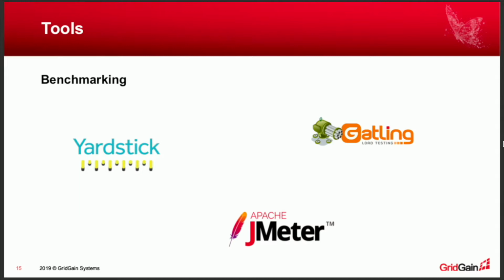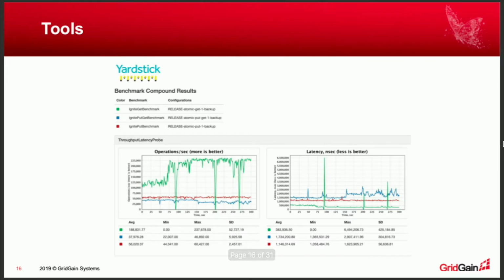Yardstick is a tool that was developed inside GridGain, and it's developed specifically for benchmarking of distributed systems. It has a set of tools for setting up your distributed system, warming it up, running the benchmarks, and building a report. You can collect data from different nodes.